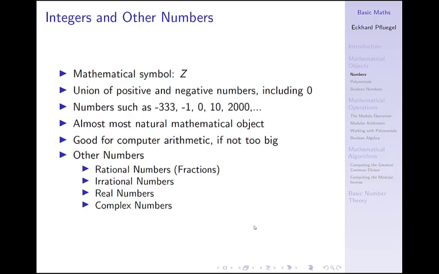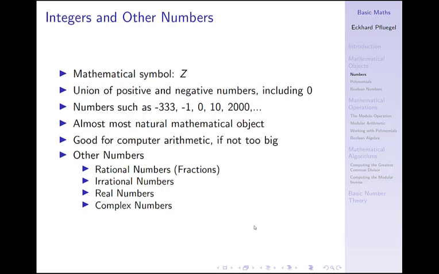The symbol we use in mathematics for the integers is the symbol Z, which basically stands for Zahlen in German, which means numbers. Now in a computer, it's quite straightforward to use integers and perform arithmetic with them, unless they're too big.